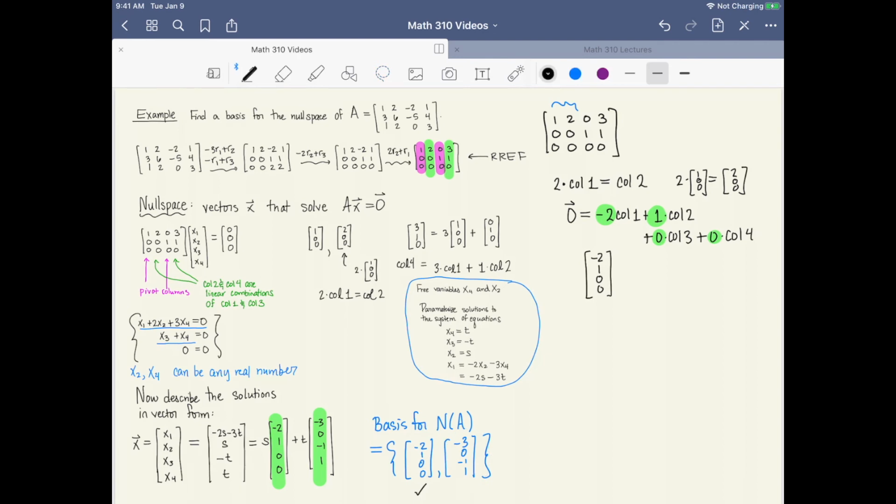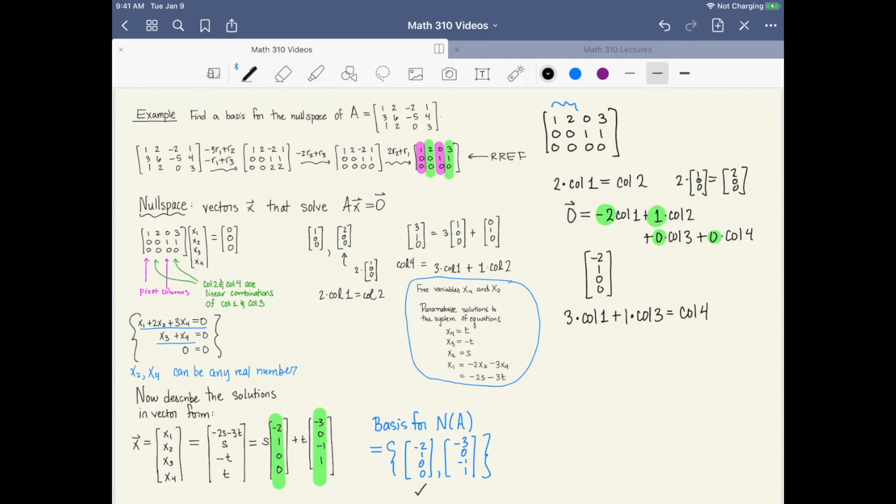Okay, the linear dependency for the next one deals with column 4. And what we saw for column 4 was that we needed to take 3 times column 1 plus 1 times column 2. Column 3. And that gave us column 4.